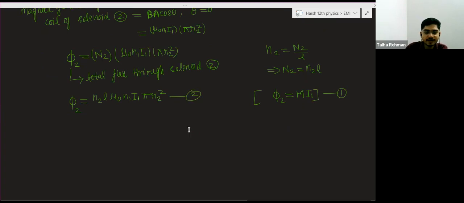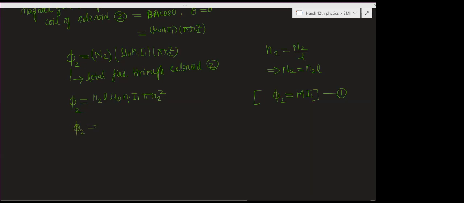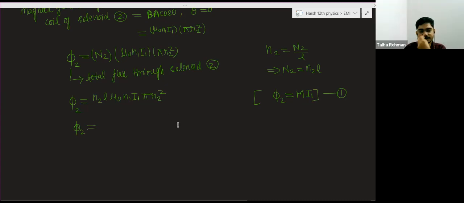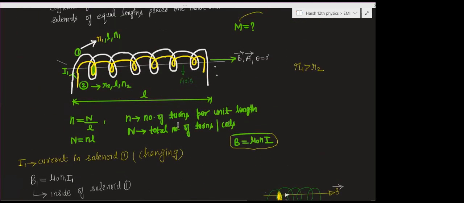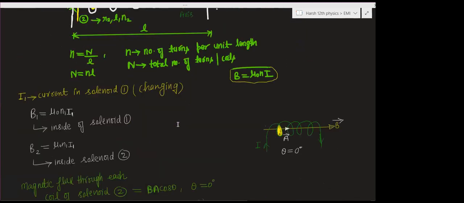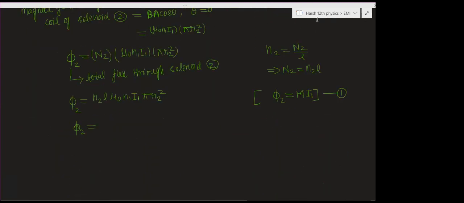So you can write phi 2 like this. We have done this actually, we have completed this. The final answer is M is equal to mu 0 N1 N2 L pi R2 square.